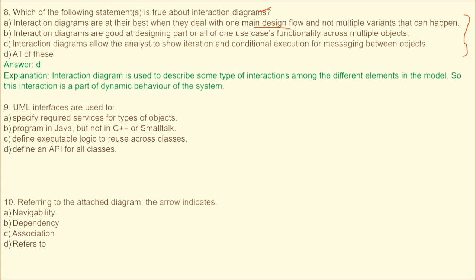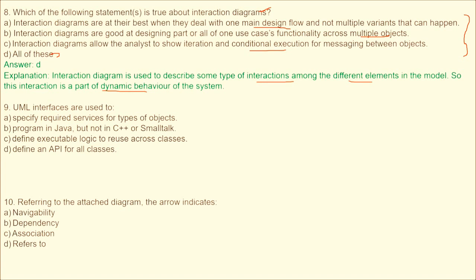And interaction diagrams are good at designing part or all of one use case functionality across multiple objects. And interaction diagrams allow the analyst to show iteration and conditional execution of messages between objects. All of these are correct, because an interaction diagram is used to describe some type of interaction among different elements in the model. So this interaction is a part of the dynamic behavior of the system.